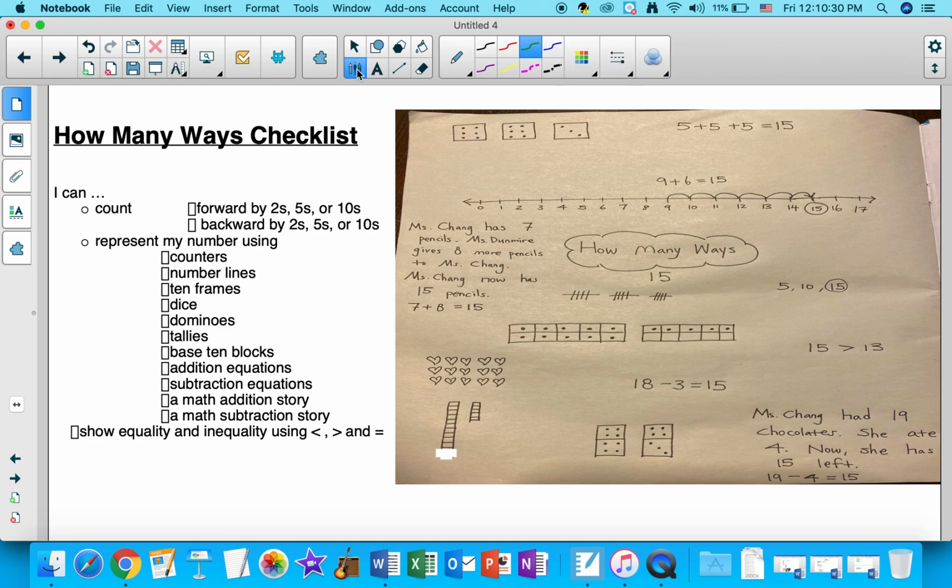I did represent my number using the counting forward by 5. So I counted by 5s right over here. So 5, 10, 15. Since I did use counting forward by 5s, I can check this off. I did count forward by 5s.